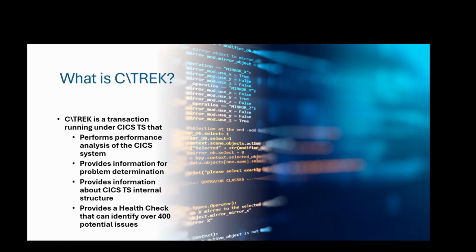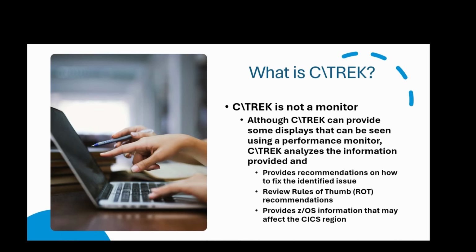And these are the areas you may want to look at a little bit more in detail. Now, C-Trek, as I mentioned, does the calculations for you, and it analyzes the information. For example, it'll go out there and analyze the entire temporary storage queue, or all the information you have in DB2, all the DB2 entries, the pool, and so on.